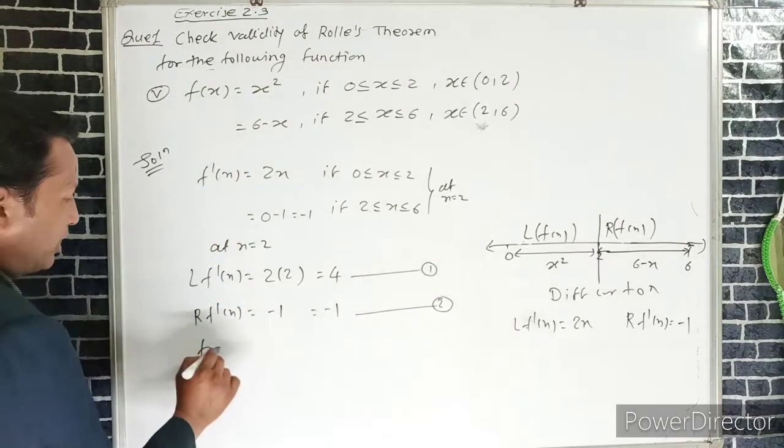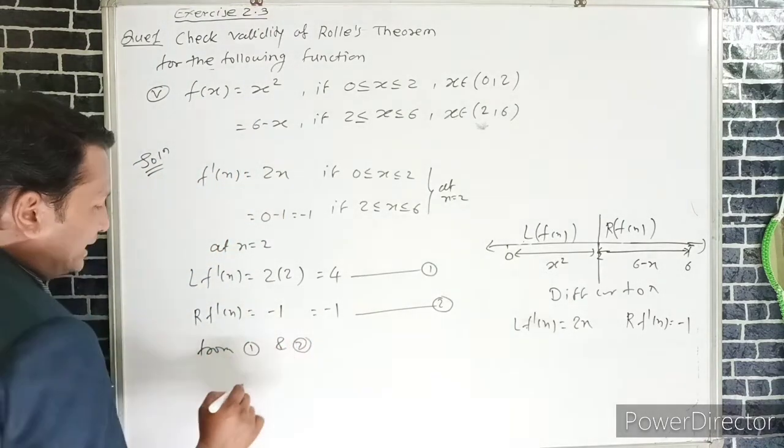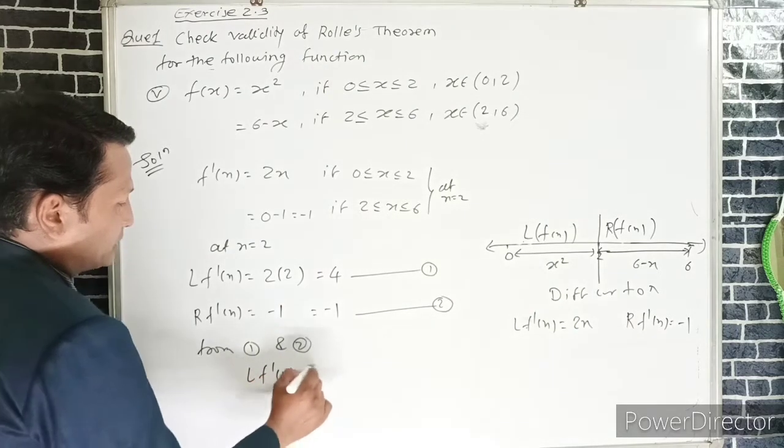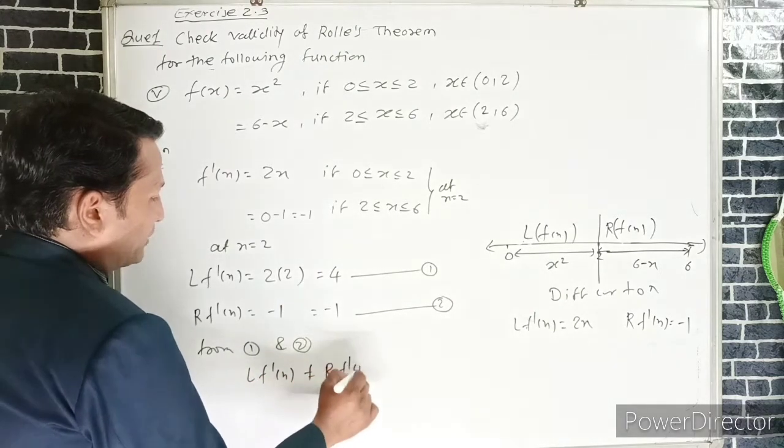So from 1 and 2 we can say that L f dash of x is not equal to R f dash of x.